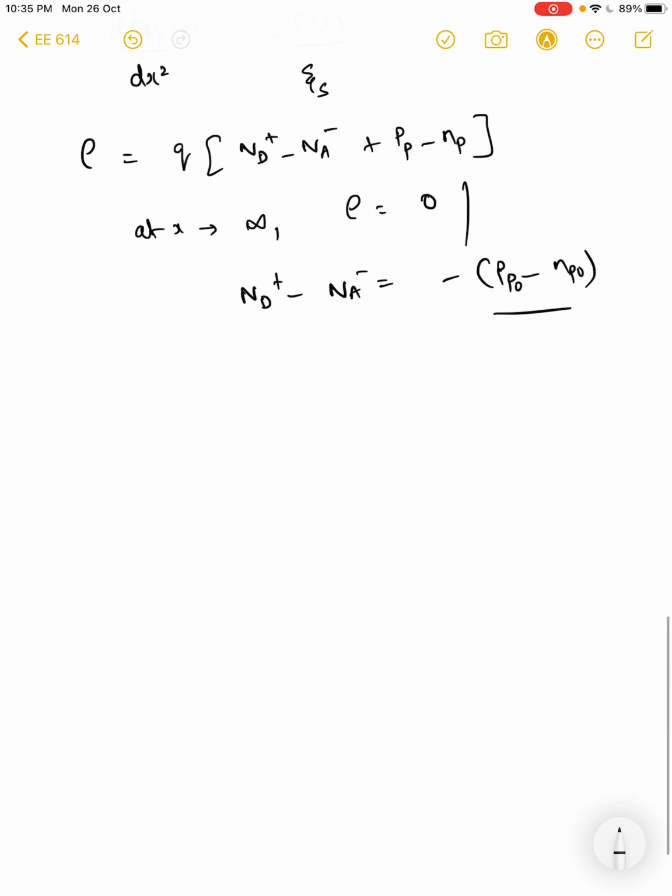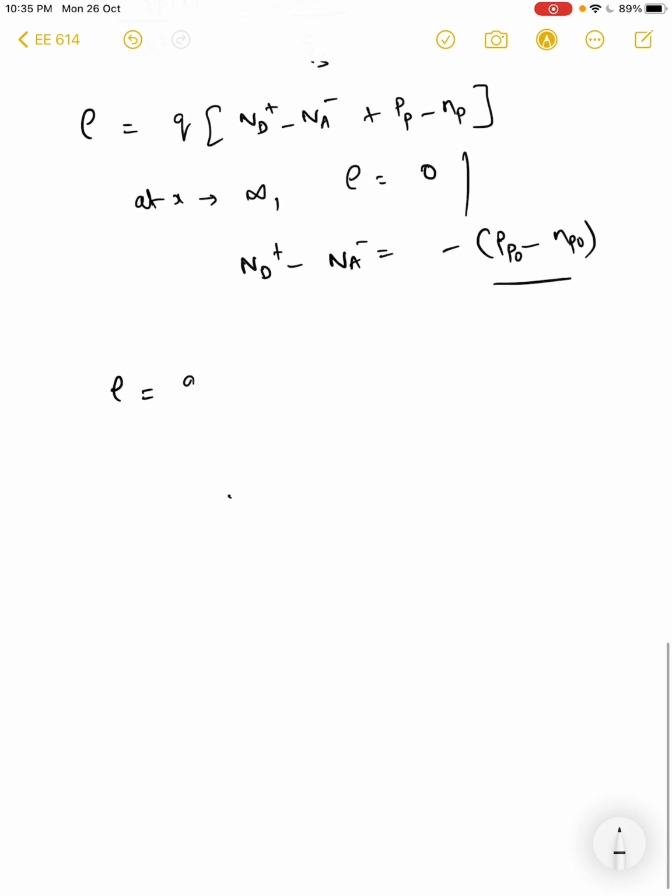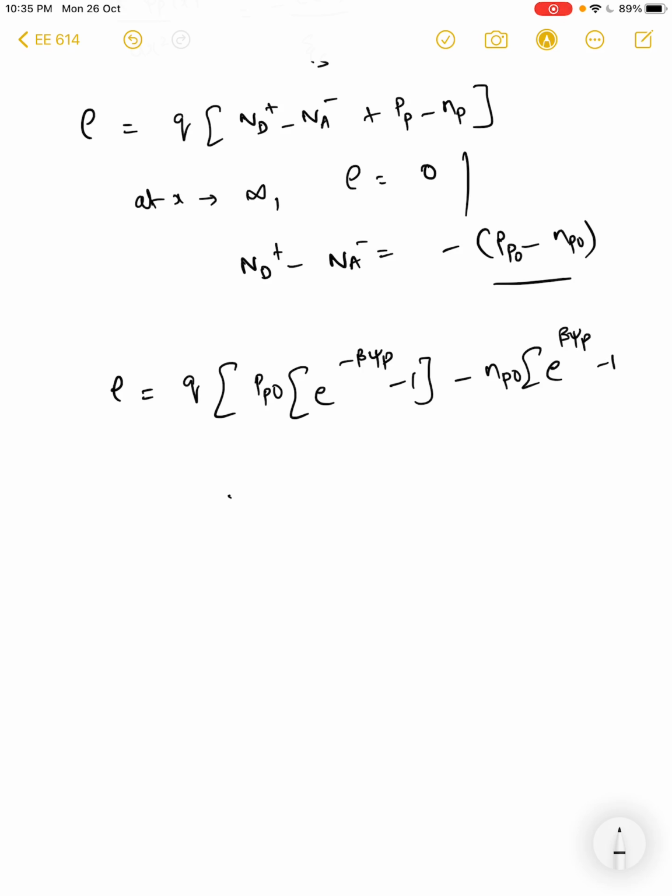So if I substitute that here, then rho will turn out to be q p_p0 (e^(-βψ_p) minus 1) minus n_p0 (e^(βψ_p) minus 1).